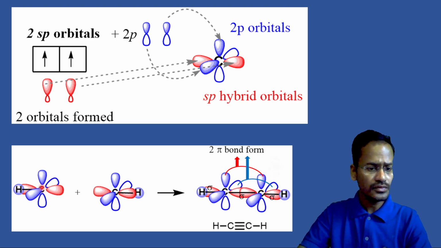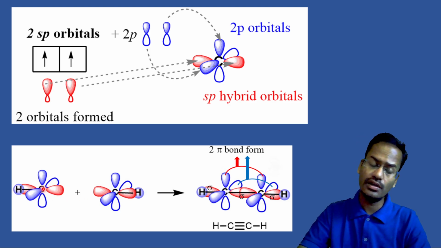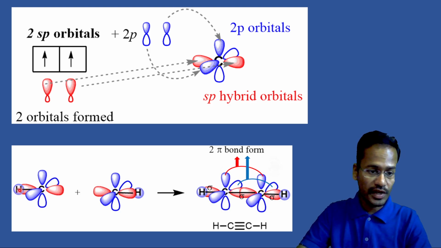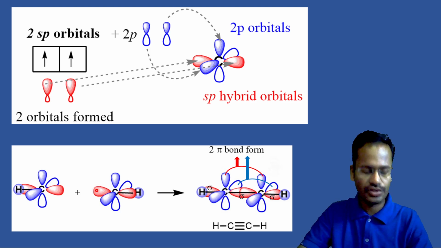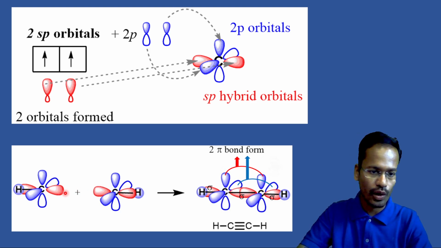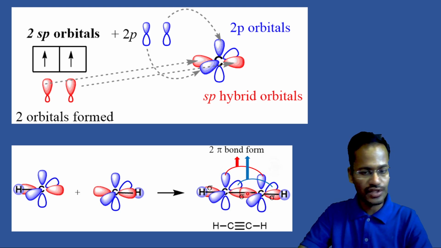And one hybridized orbital of one carbon has been bonded with the spherical orbital of hydrogen, and the same happened with another one. And here, in both the cases, one hybridized orbital is vacant, and both of them are bonding together, overlapping together to form a sigma bond.